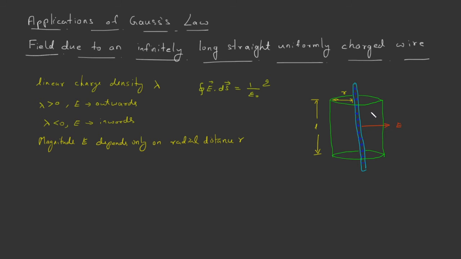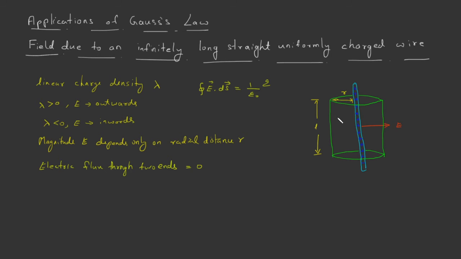That is, it makes 90 degrees. So E dot ds at these end surfaces becomes 0. So electric flux through the two ends is equal to 0.